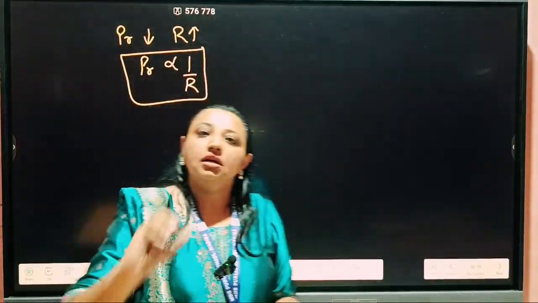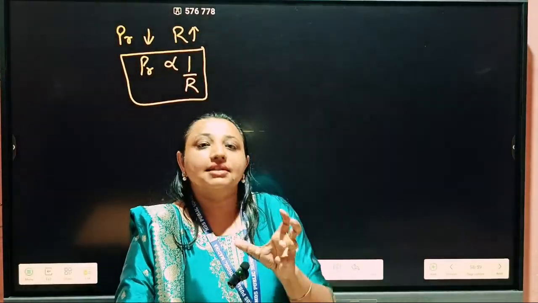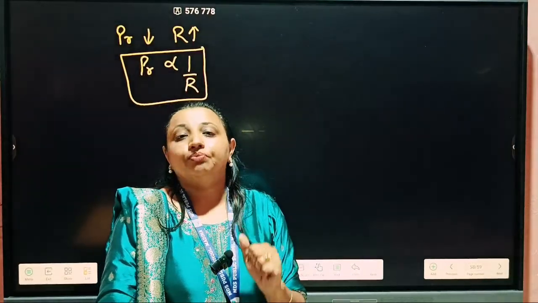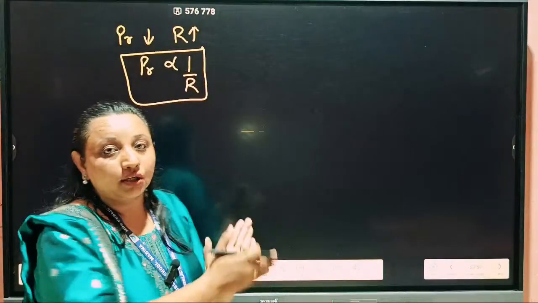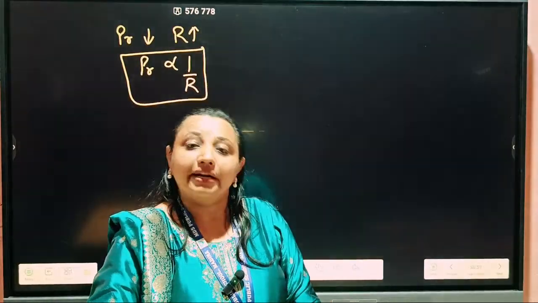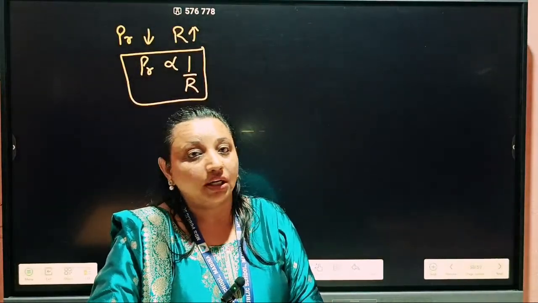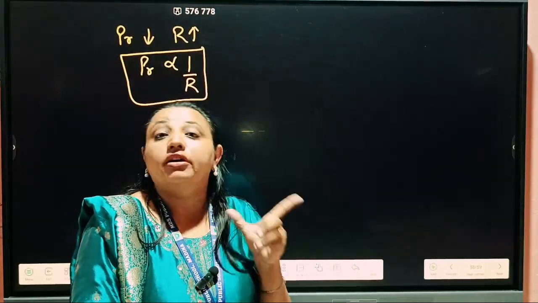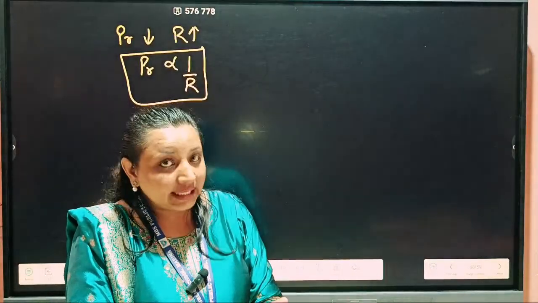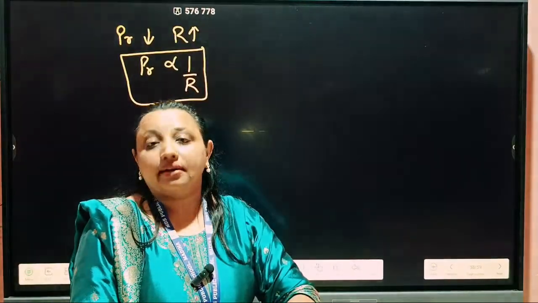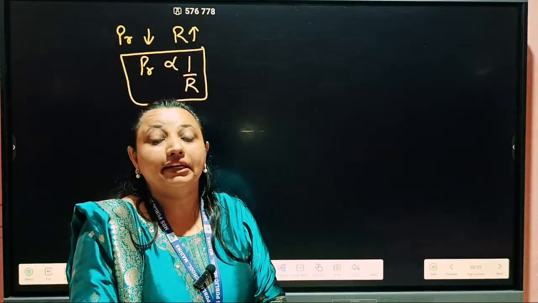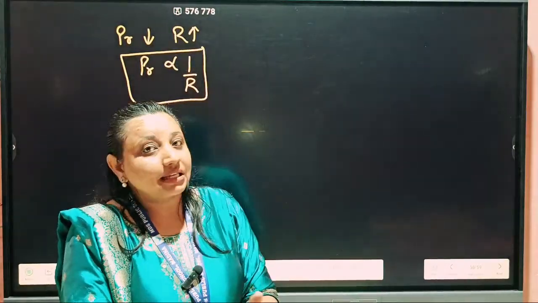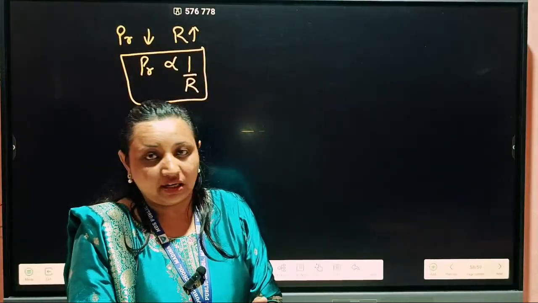If the question asks what is the relation between the rated power and the resistance, so we can easily conclude by this example that rated power is inversely proportional to the resistance, right? The bulb having 40 watt power, which is less, has greater resistance, but in case of rated power 100 watt, which is greater, has less resistance, which is 484 ohm.